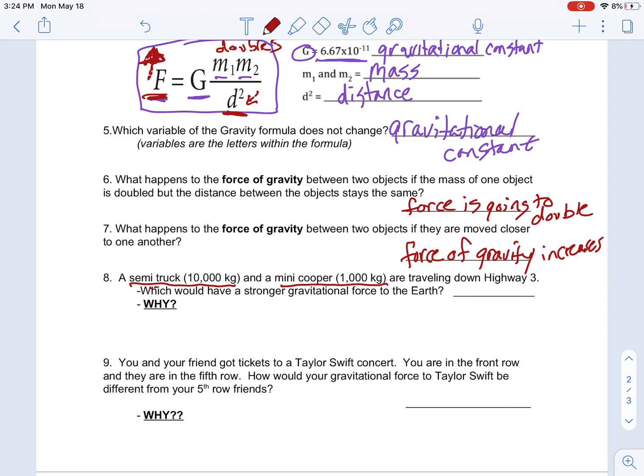So if there's more mass, that means there's going to be more pull to the semi-truck. That force between the Earth and the semi-truck is going to be much stronger than the force of the Mini Cooper. So the semi-truck. Now the why is because the semi-truck has a much larger mass.